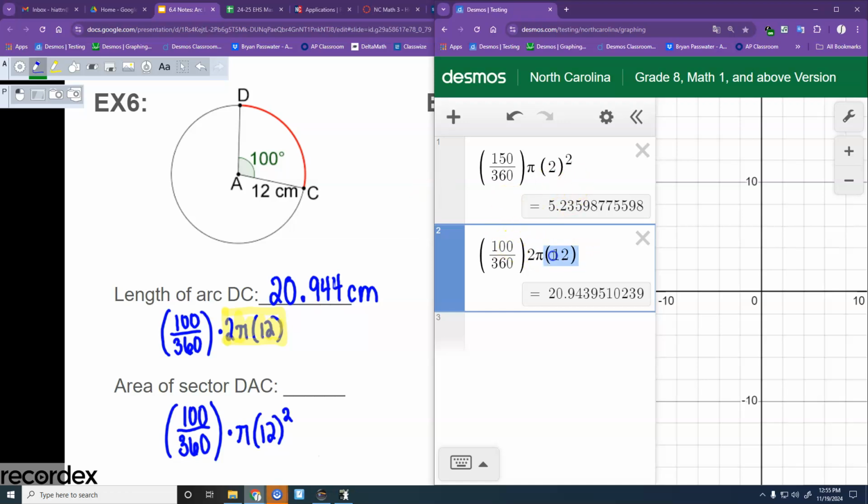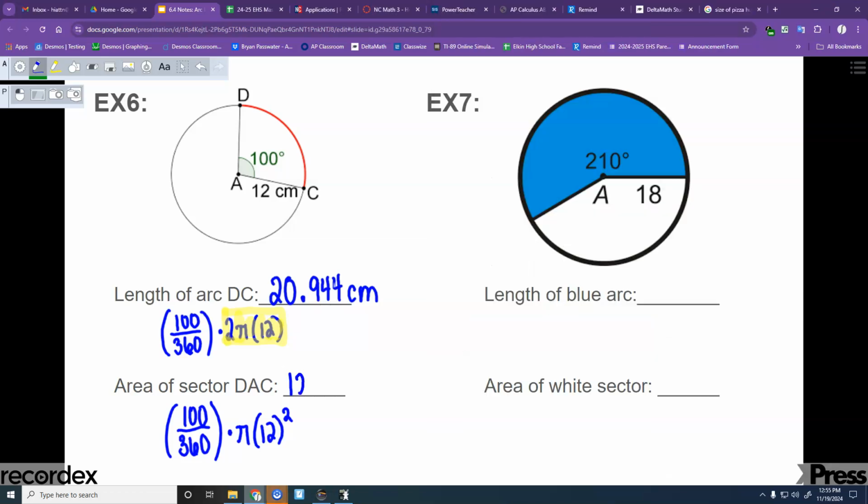So I'm going to change this to pi times 12 squared, and I get 125.664. So 125.664, and that would be in square centimeters. Area is always going to be measured in square units. Length is just measured in straight units. Okay.